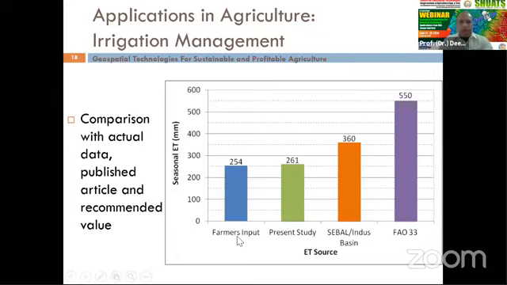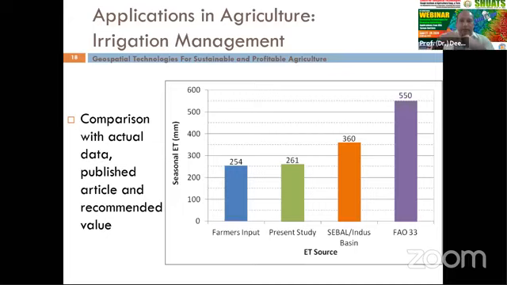We interviewed the farmers, and according to them, they told us on average how many inches of water they put in the field and how many times throughout the season they do it. So we made a calculation, and from our calculation, it is 254 millimeters in total. This is the average amount of water that they have put in their wheat fields during a crop growing season.